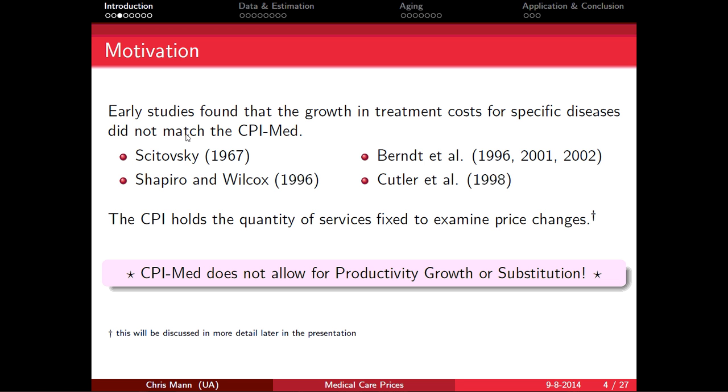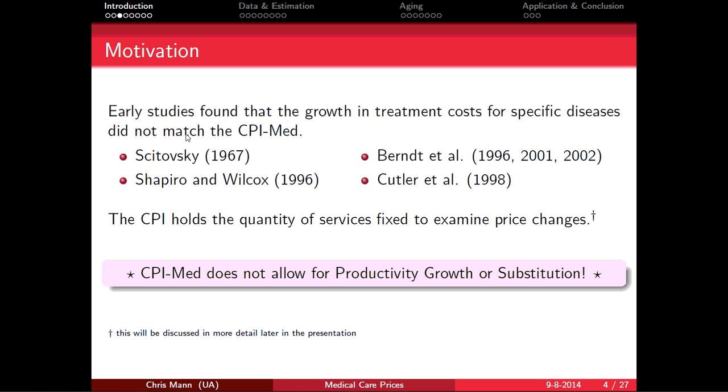Now, most healthcare economists, while they recognized this study and knew about it, kind of put it aside until Shapiro and Wilcox came around, and they decided to estimate the inflation rate for cataract treatments. And what they found was that the inflation rate for cataract treatment was actually much, much lower than the inflation rate for medical care in the CPI.